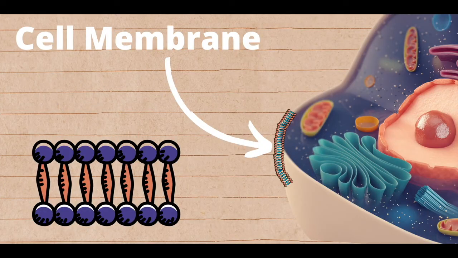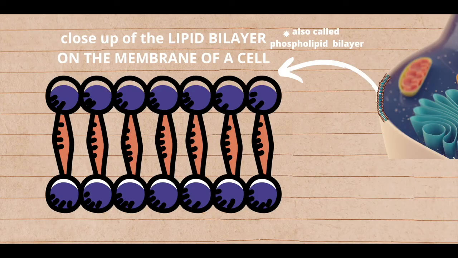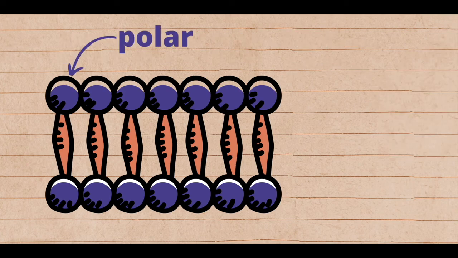Next we have our cell membrane or our cell wall, and it's composed of this phospholipid bilayer. Bi meaning two, so it's two layers of phospholipid. In our phospholipid bilayer, we have a polar side and a non-polar side. The heads are polar, meaning that they are able to interact with water.